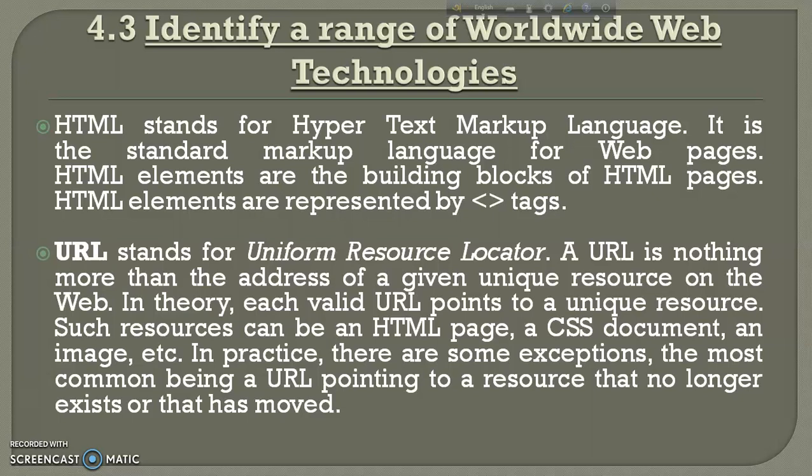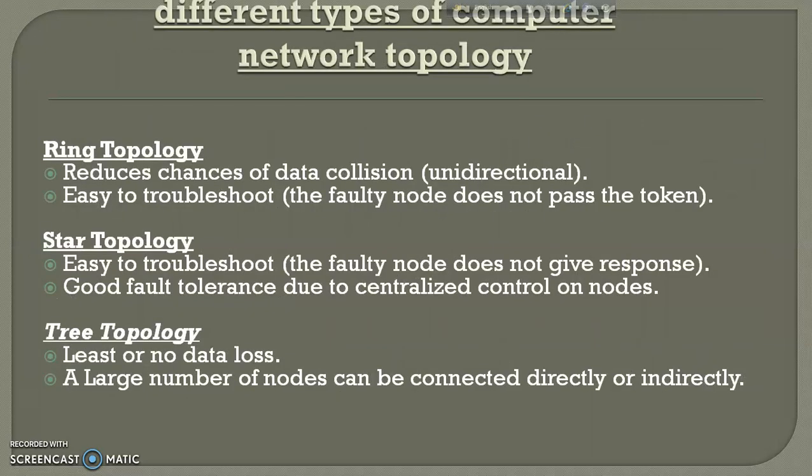Such resources can be an HTML page, a CSS document, an image, etc. In practice, there are some exceptions, the most common being a URL pointing to a resource that no longer exists or that has moved.